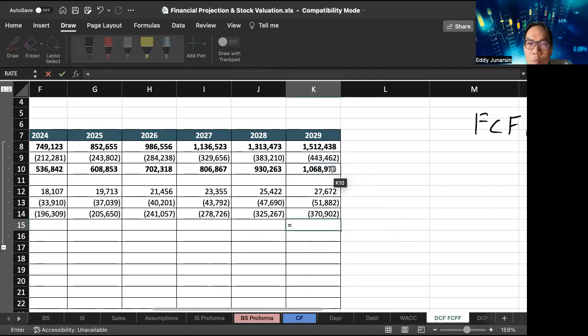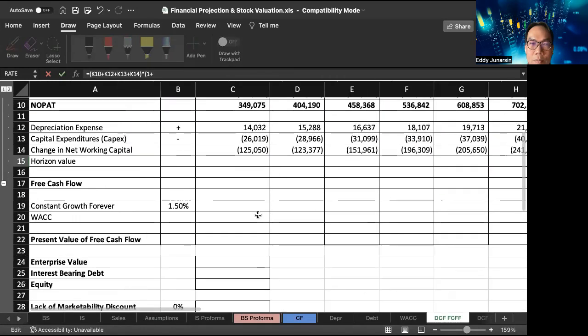So NOPAT plus depreciation minus the capex minus the change in net working capital. Okay, so we get the cash flow from 2020 growing by 1 plus this one, growing by 1.5%.